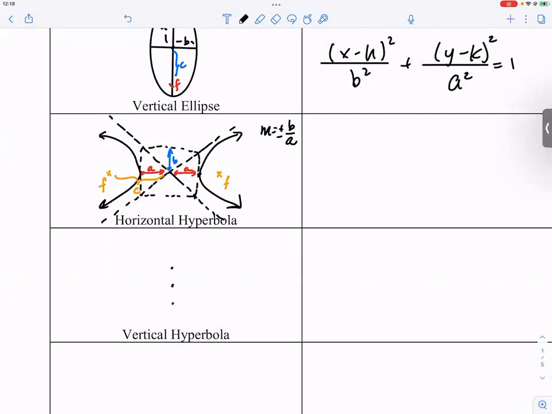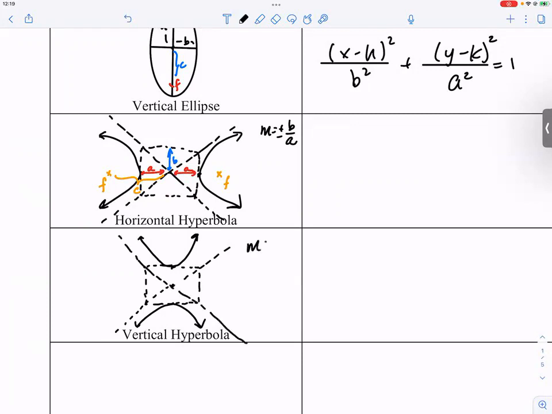And for vertical, the one thing I hope you can get, feel proud for yourself if you're able to obtain all the details for all these conic shapes.